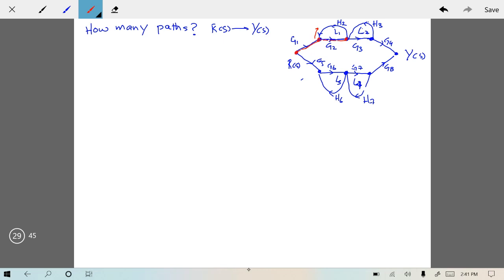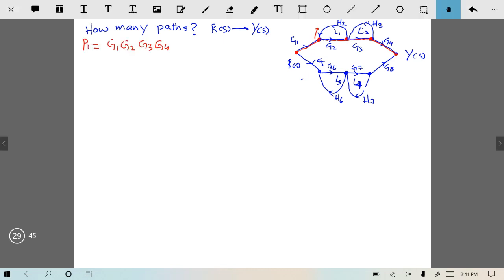This is a one-way road. You cannot go backwards. So there is another path following this arrow and then this path. Let us call this path P1.